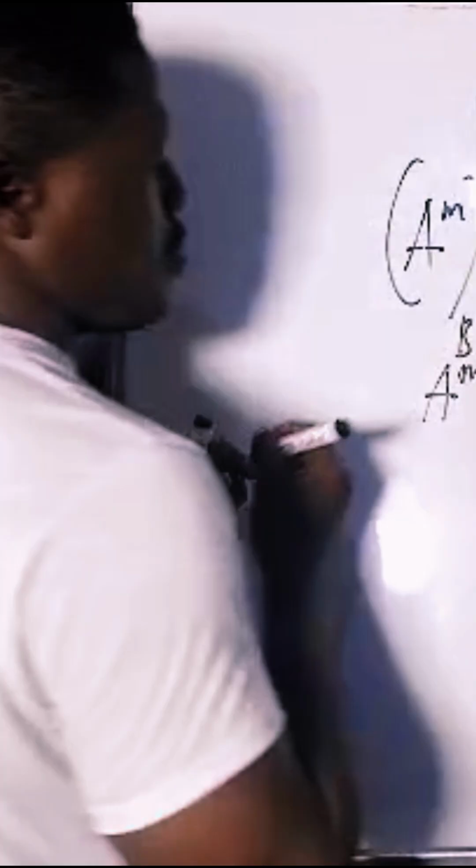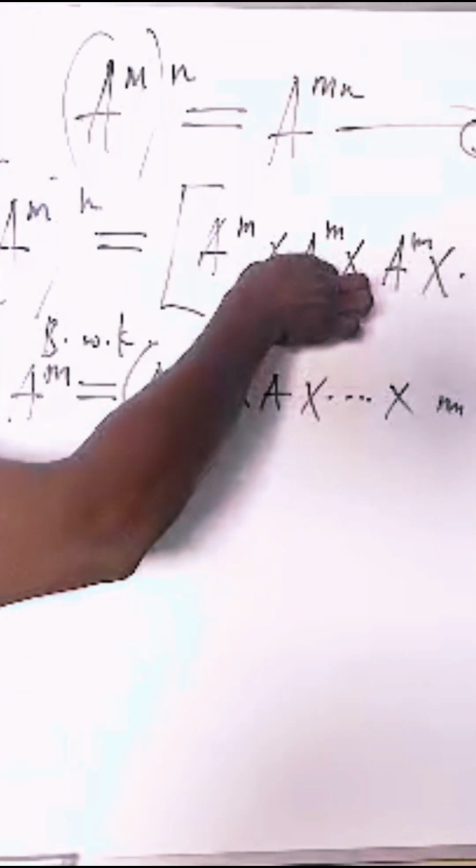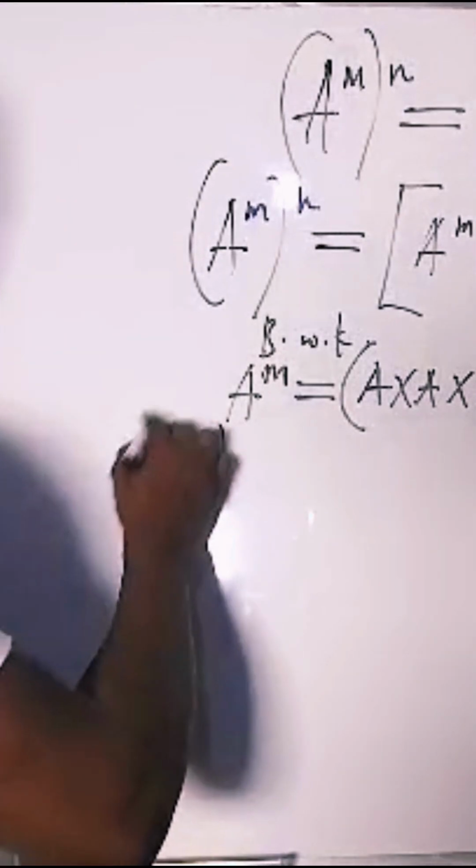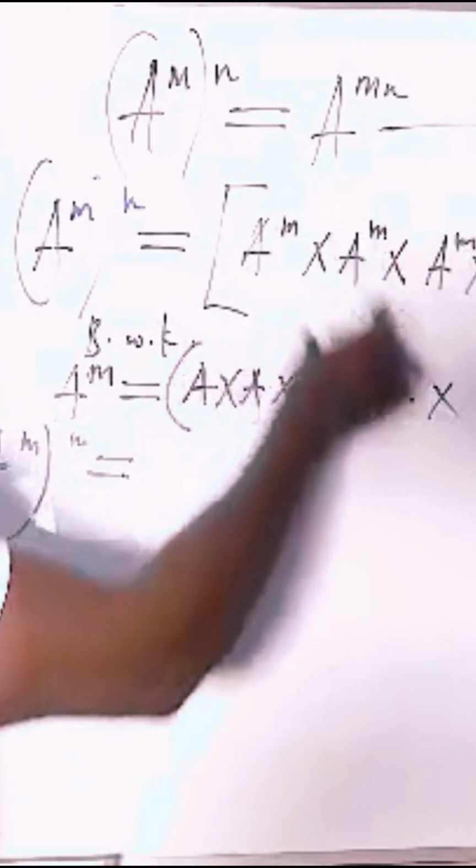Take note of that. Now bringing this into this particular expression, we now have a raised to the power m, enclosed in brackets, raised to the power n, is now equal to, in the place of a raised to the power m, we're going to have this.